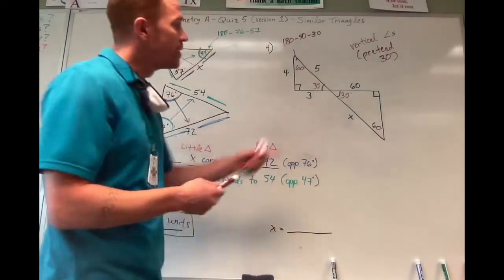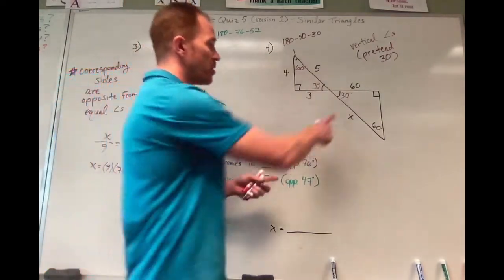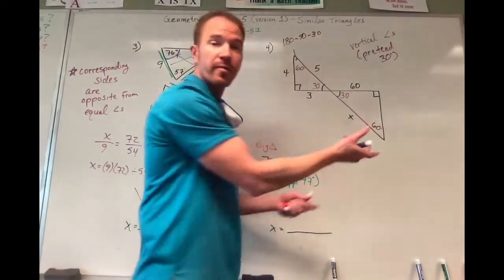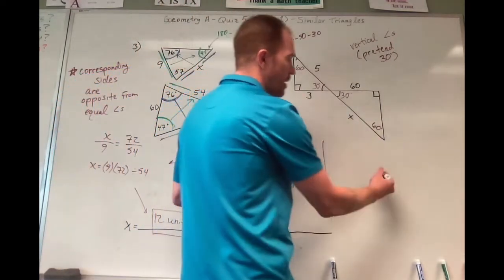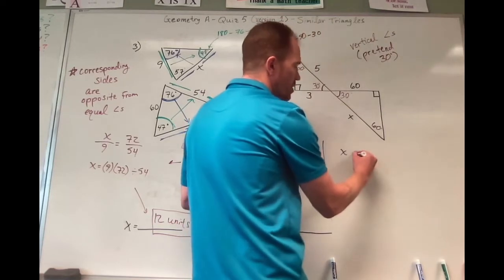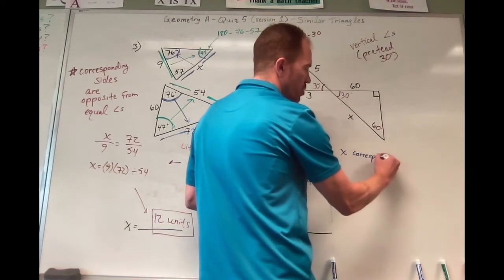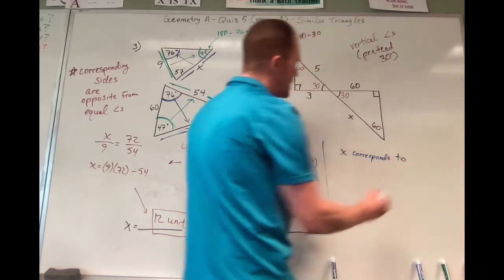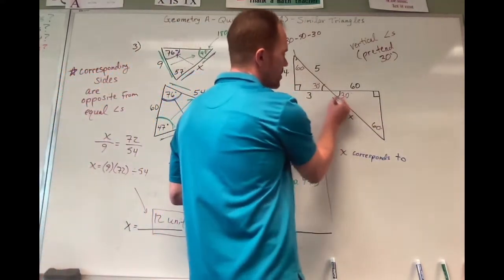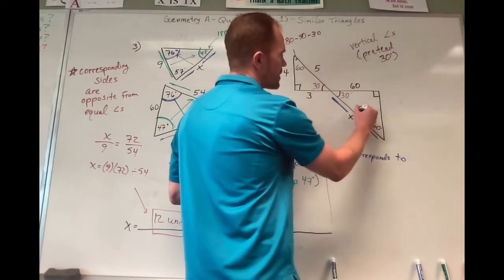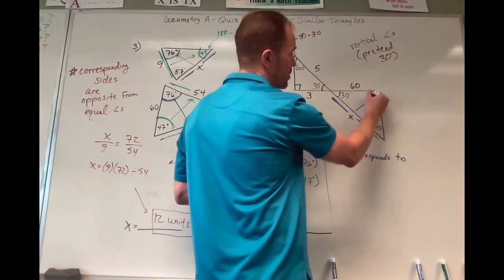I'm going to look at what I'm looking for and try to start with that. So in this diagram, x corresponds to a side in the other triangle. Well, x is opposite, I'll do x in blue again, x is opposite from the right angle.